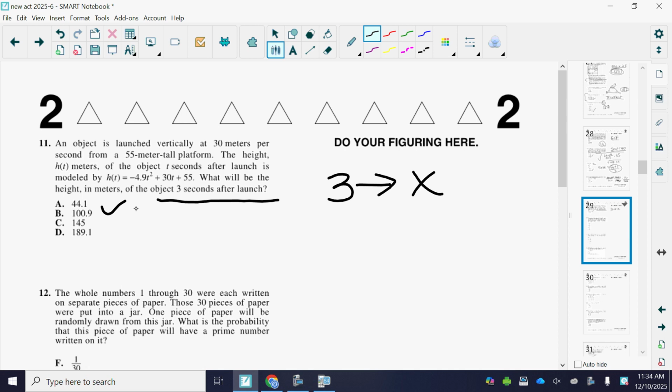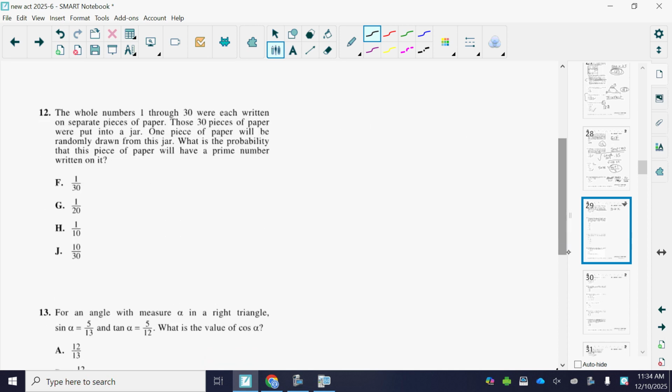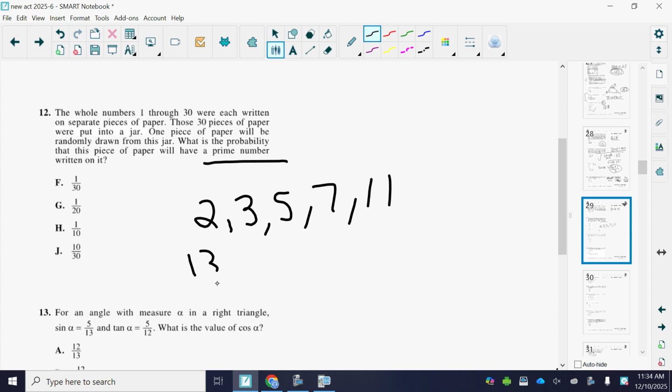All right, what's this probability? Oh man, the numbers 1 through 30 are written on a piece of paper, and then they want to know what is the probability that we'll draw a prime number. Well, what are the prime numbers? 2, 3, 5, 7, 11, 13, this is terrible, 17, 19, 21's not, 23 is, 27's not, 29 is.